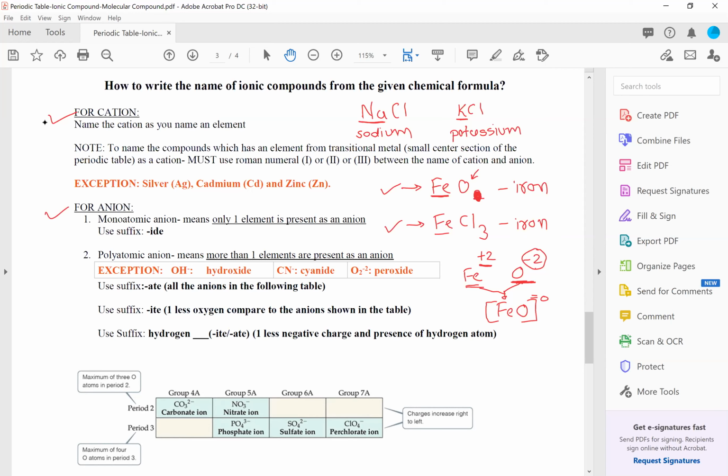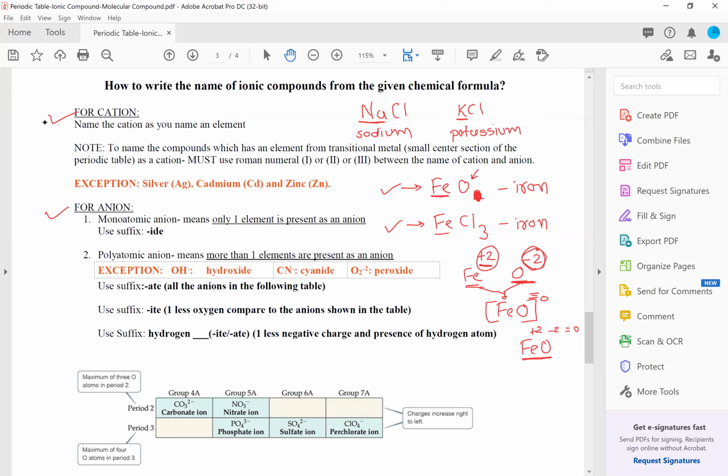Overall, the positive charge and the negative charge should cancel out each other. That's the only way we can make an ionic compound. If we write a chemical formula for the ionic compound, the total charge of the cation and the anion must cancel out each other. The total is 0. Then we can write this formula.